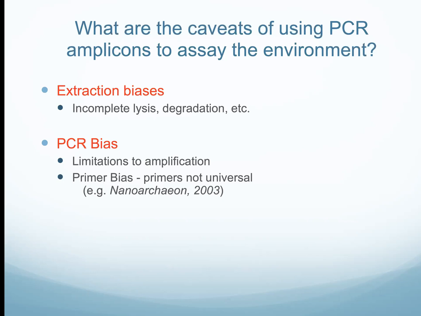However, we know, and there are some very interesting type cases that have shown, that the primers are not perfect. The way you design primers is you look at gene sequences in databases and you try to find places on the gene that are conserved and the same across all of the species you want to amplify, but nothing else.